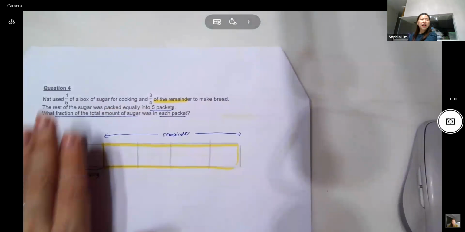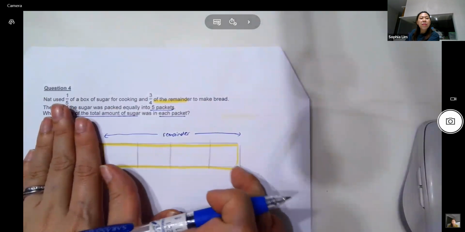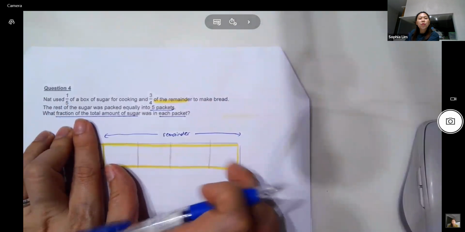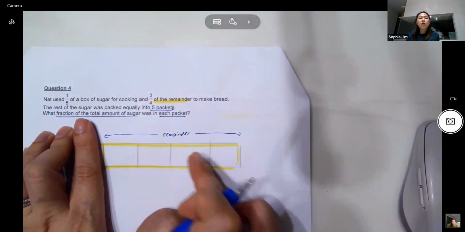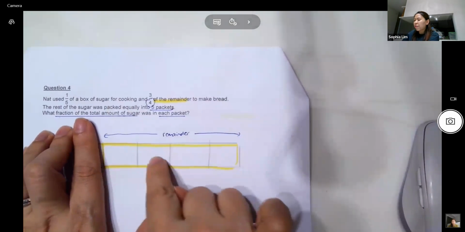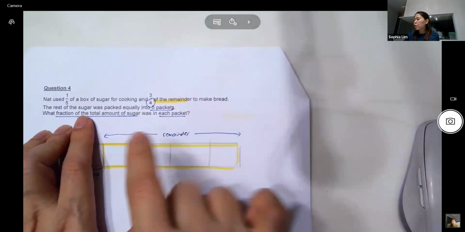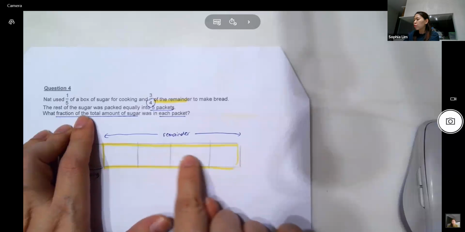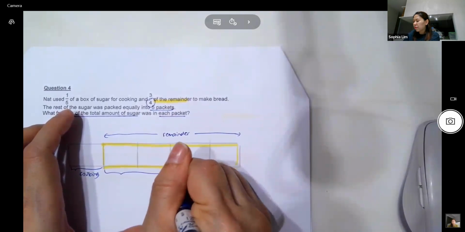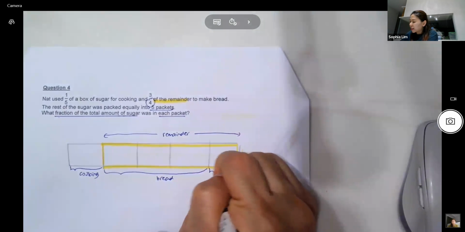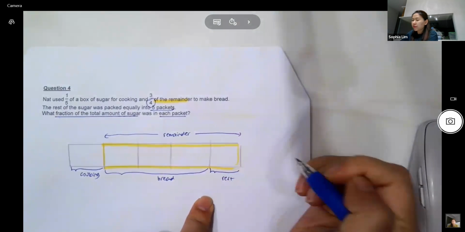And just now, they said, out of the remainder, Net is going to take 3/4. That means 3 out of 4. So you check, do I have 4 units here? I have. So you count 1, 2, 3 to make bread. And the rest, this is the rest.